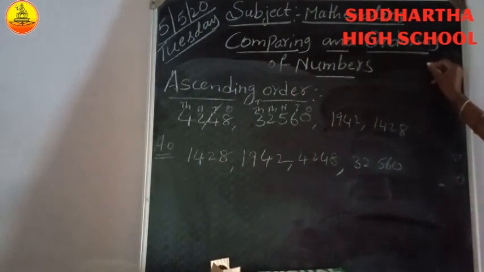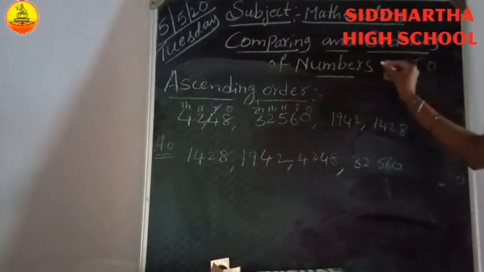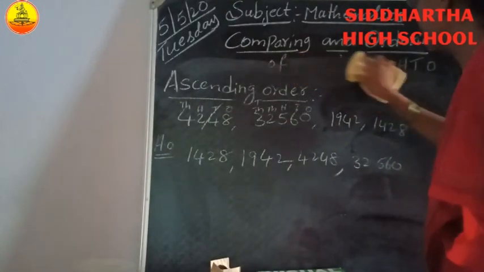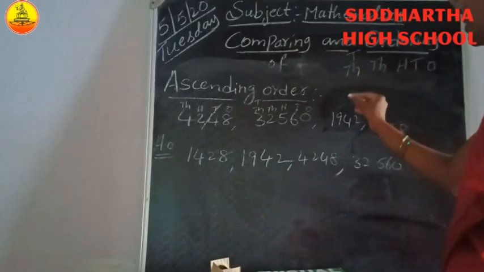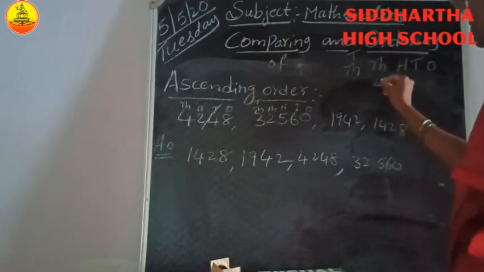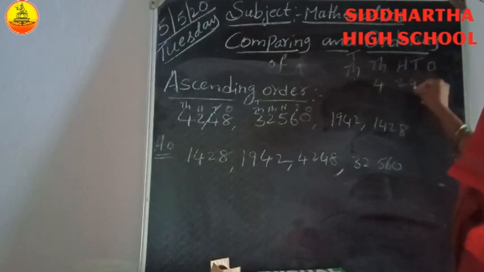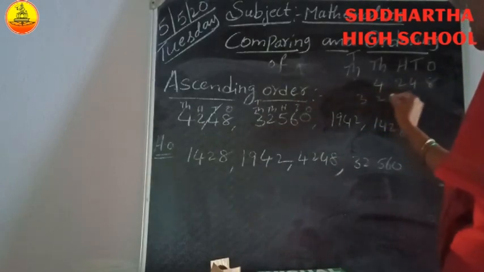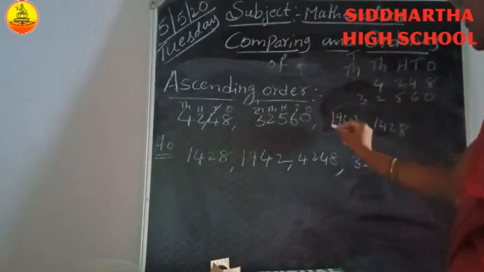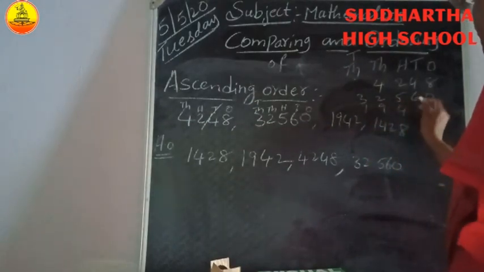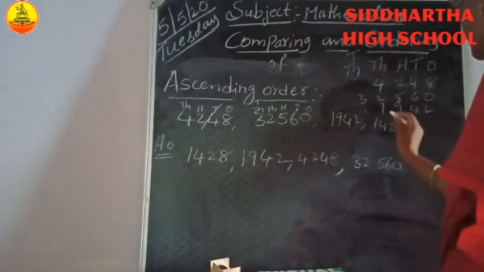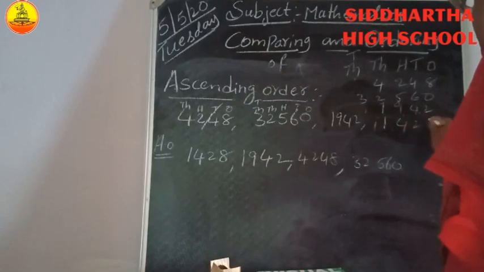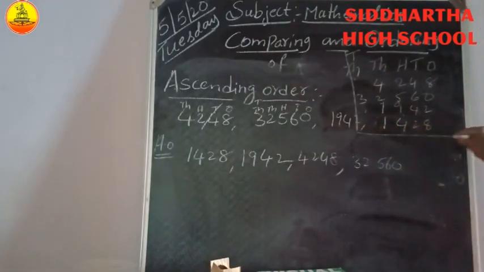Ones, tens, hundreds, thousands, 10,000s. First number 4,248. Second number 32,560. Third number 1,942. Fourth number 1,428. The numbers are given like this.